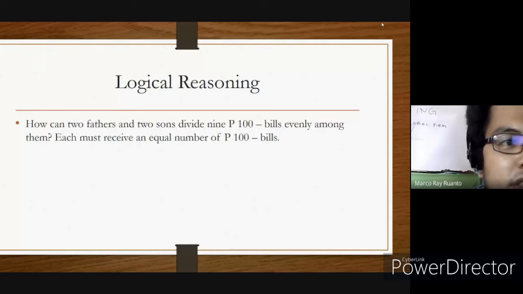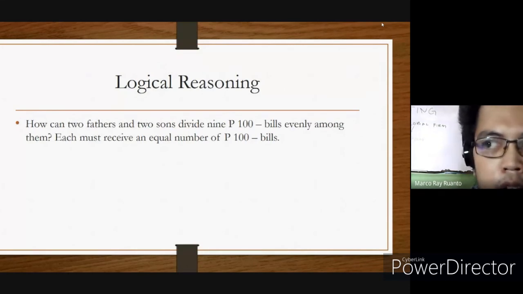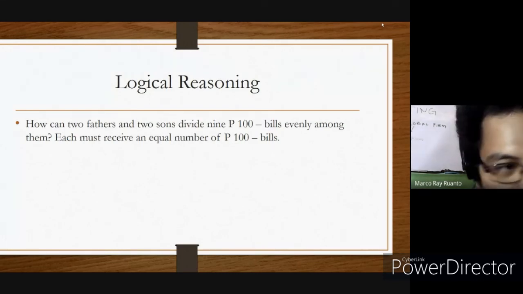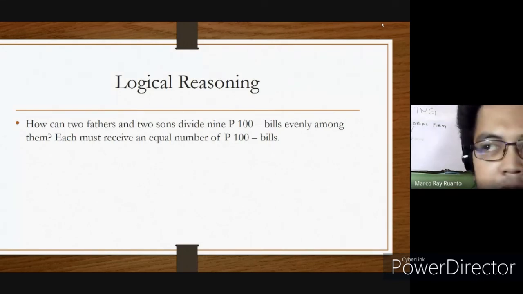If we divide 9 by 4, there is a remainder of one. So it seems this problem is impossible to solve. But we can arrange it in this way.